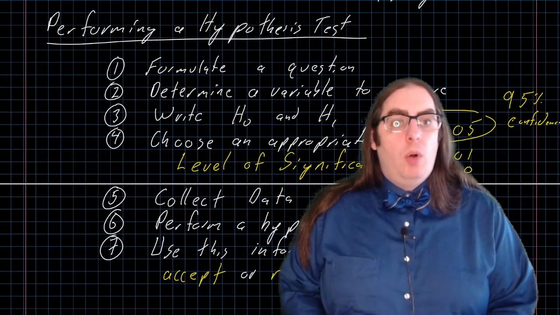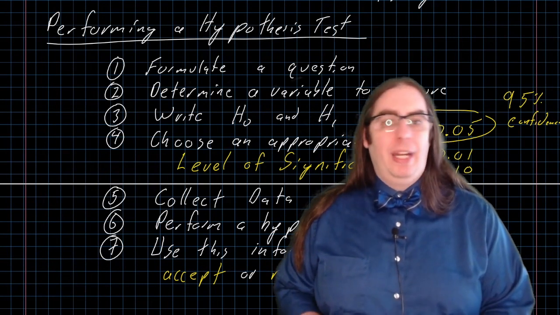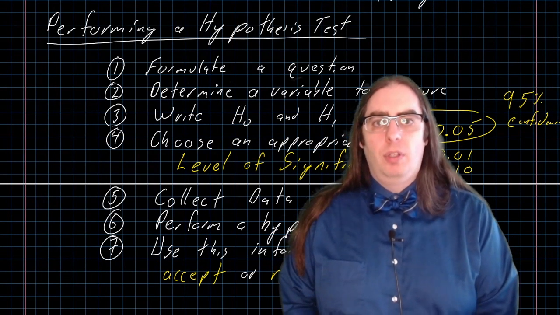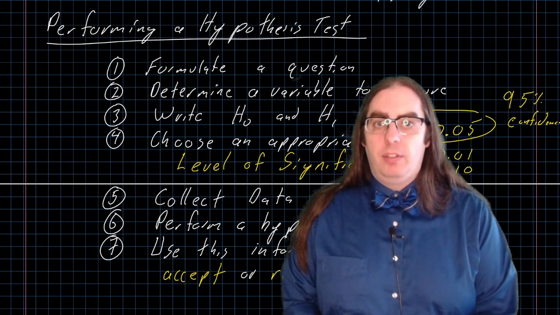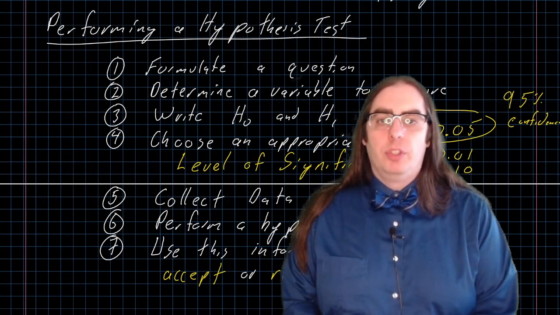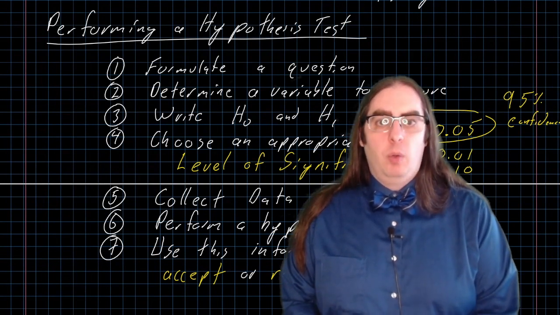But before I go on and do anything else, I want you to think about what alpha equals 0.05 really means. 0.05 is 5%. The threshold for medical research is that there is a 5% chance that we were duped.